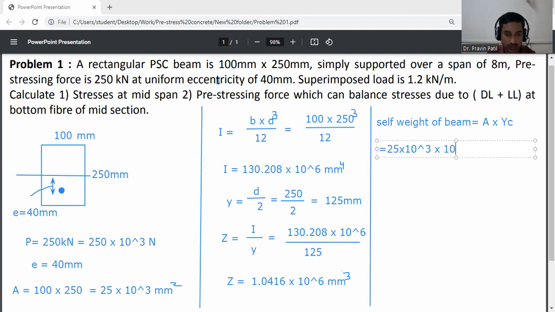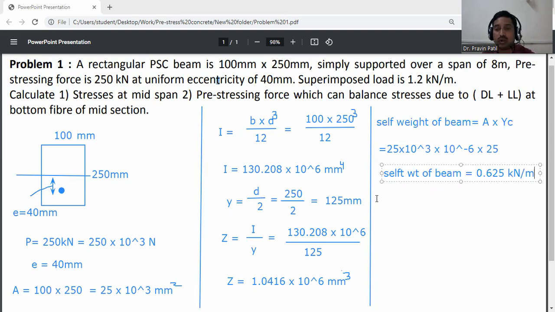Convert it into meter square, which means multiply by 10 raised to minus 6, into 25, the unit weight of concrete. So the self weight of the beam is 0.625 kilonewton per meter.